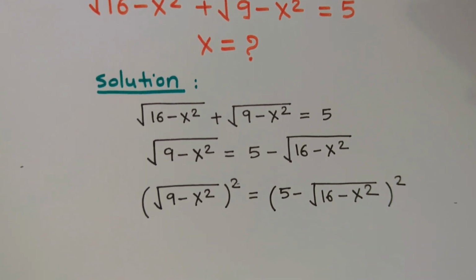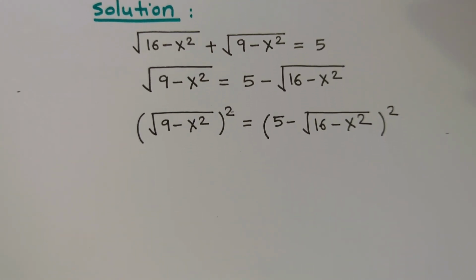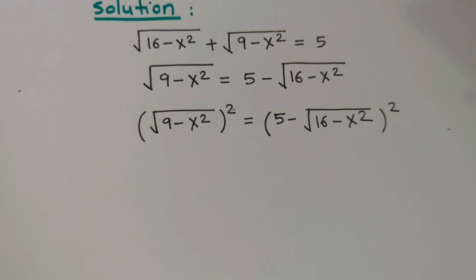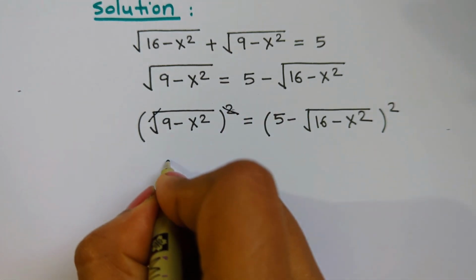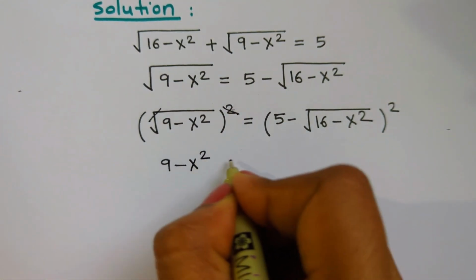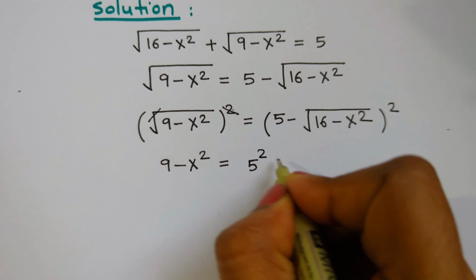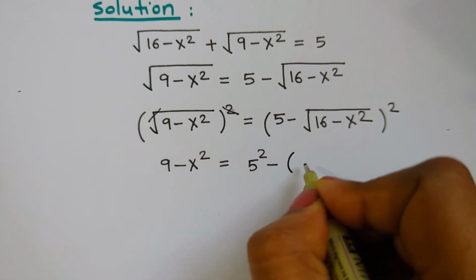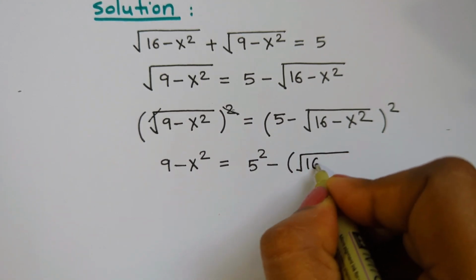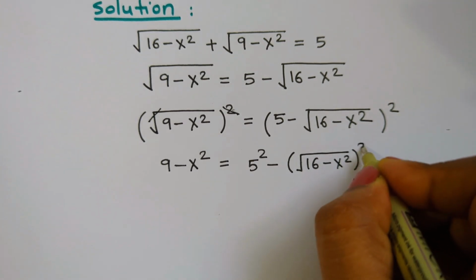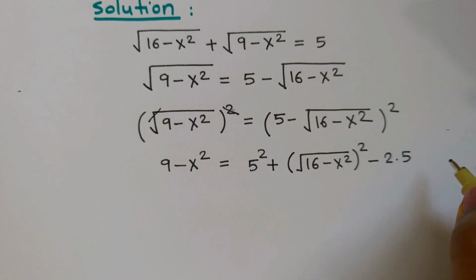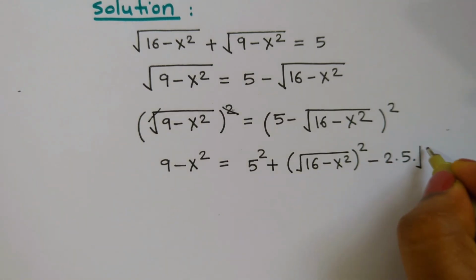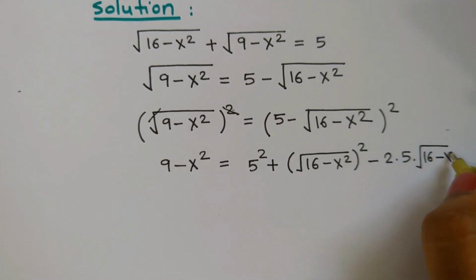Now we are going to use the formula (a minus b) whole square, which will be a square plus b square minus 2ab. The square root and the square get cancelled out, remaining 9 minus x square equals 5 square plus (square root of 16 minus x square) whole square minus 2 into 5 into square root of 16 minus x square.